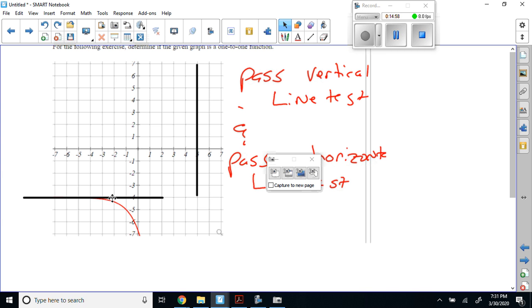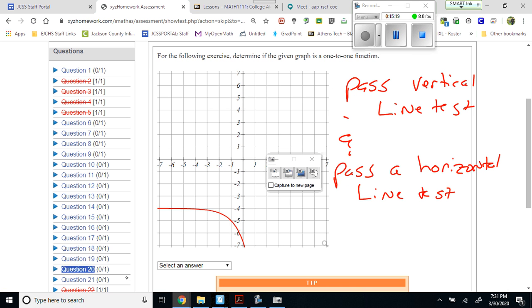Because it's an exponential, on this one, it's not going to fail. Okay. But you just got to make sure you understand that. And there's another one on here that's probably a better example.